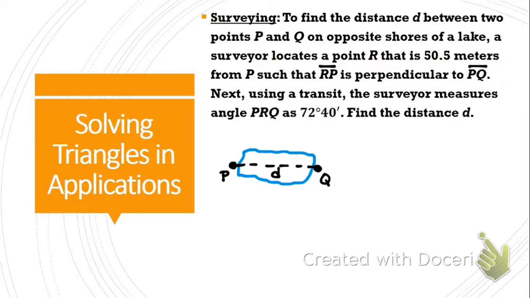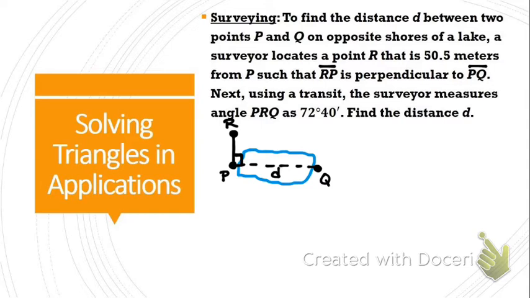We have another point on here, don't we? R. Where should I put R? Up. Directly above what? Like, can I put it right here? Directly above P. It says that it locates a point R that is 50.5 meters from P, such that RP is perpendicular to PQ. So here's R. Can I label anything else on here?